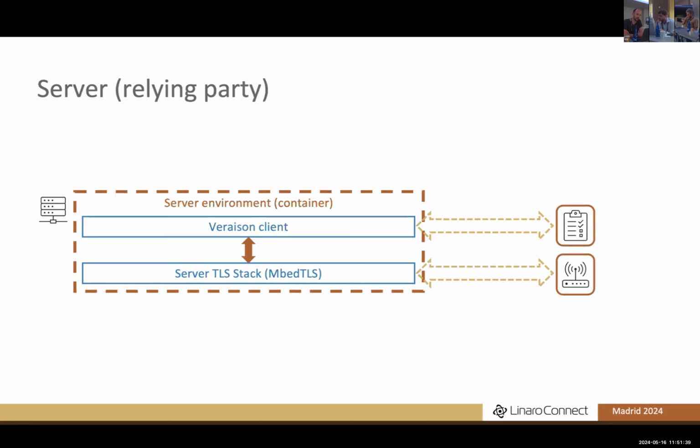On the server side, we have again mbed TLS, and in this case, we have another piece that I think is implemented in Rust, but then it's wrapped in a C FFI, which can be called from mbed TLS. So mbed TLS talks to the client, and then the Veraison client, which is written in Rust, talks to the verifier. And I think for this, we've had to essentially write the whole Veraison client from scratch and integrate it into mbed TLS.